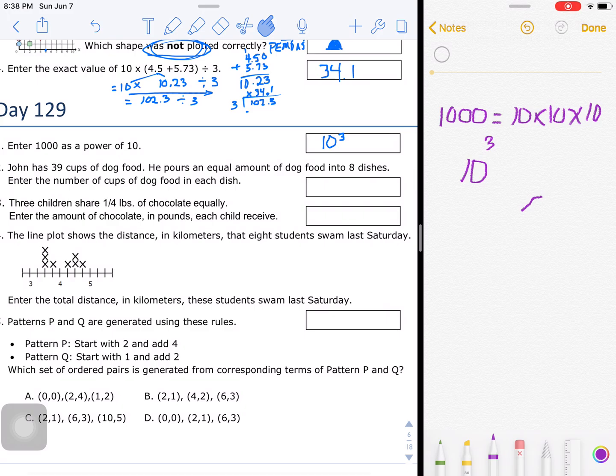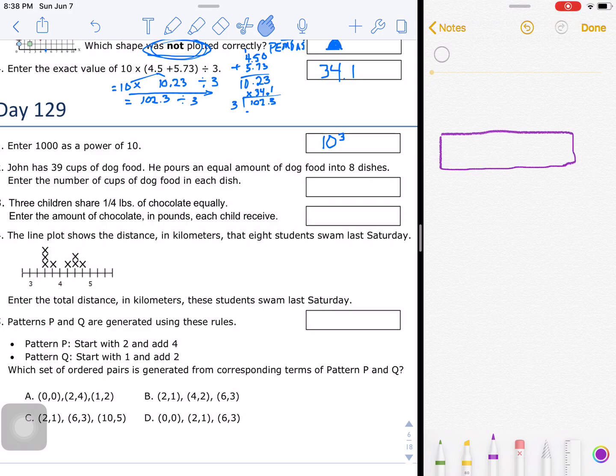John has 39 cups of dog food. He pours an equal number of cups of dog food into 8 dishes. Enter the number of cups of dog food in each dish. So again, we're going to demonstrate this using a tape diagram. And that's going to represent our whole.